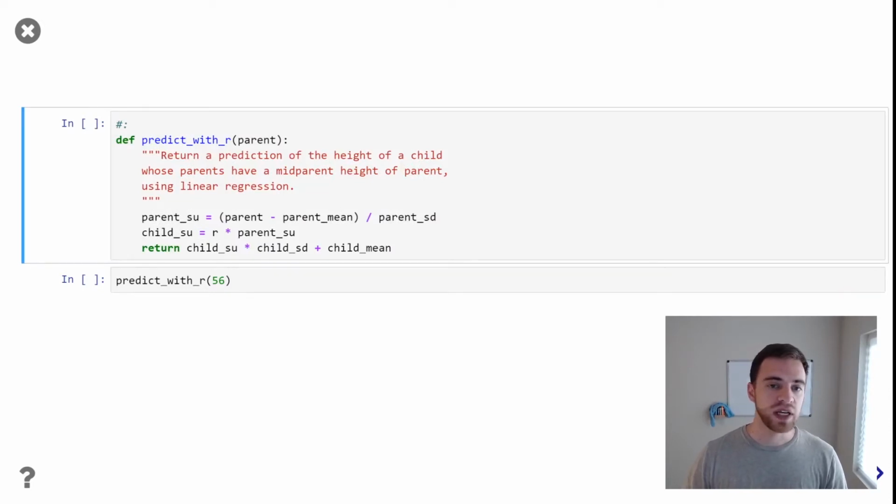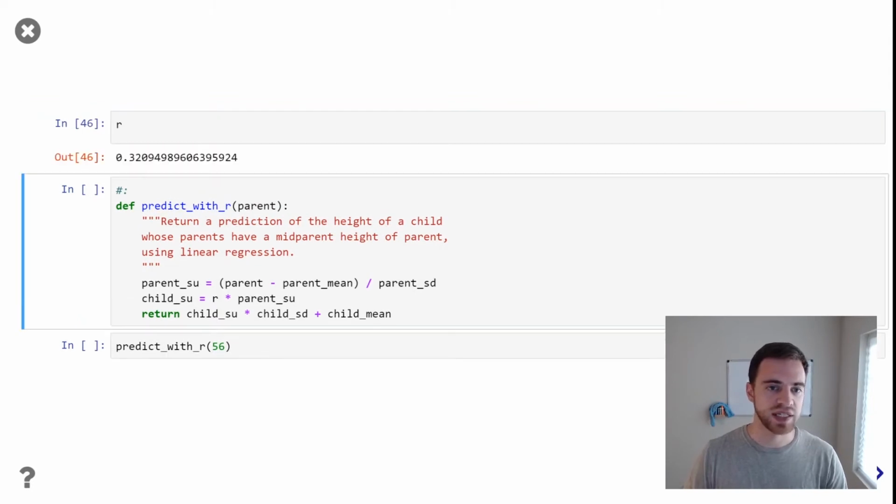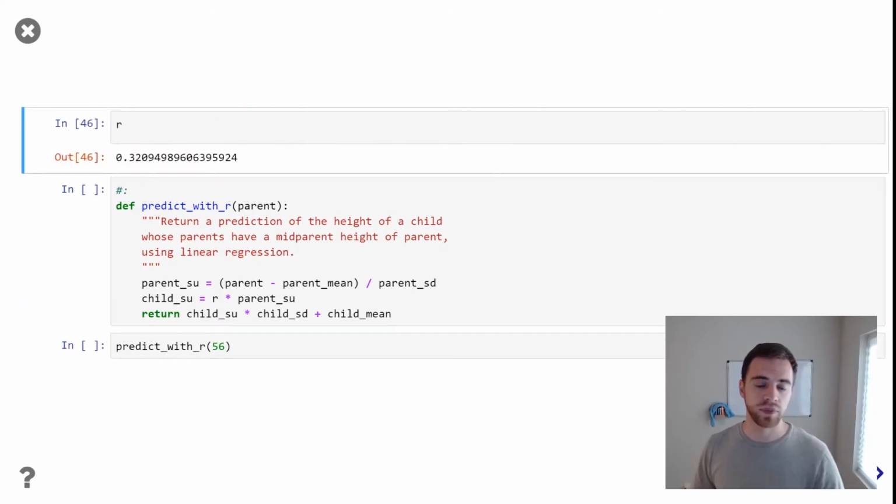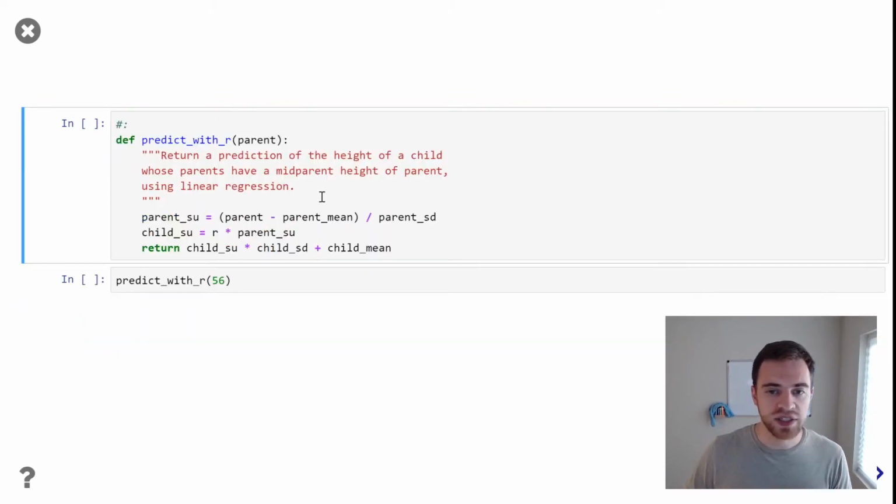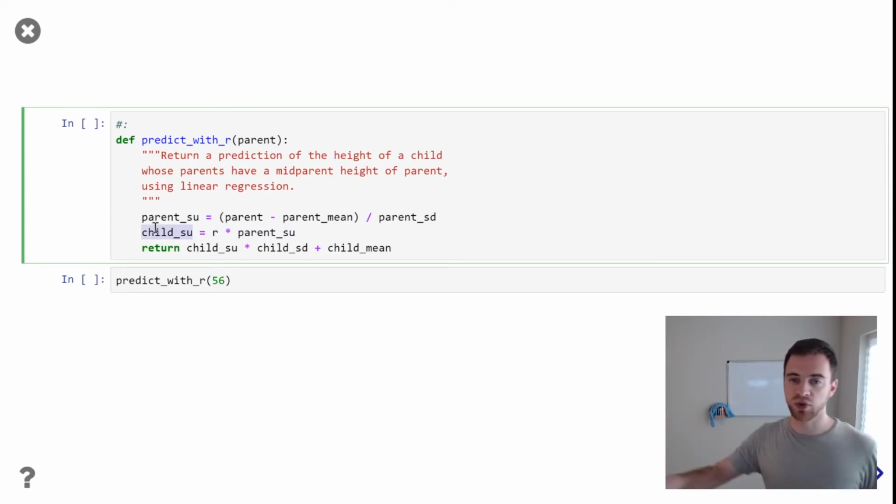I already know the correlation coefficient. I've already computed it in standard units. It's 0.32. So I'm going to take an input which is not in standard units, it's in the original units. I'll convert it to standard units, multiply by the correlation coefficient to get the predicted child height in standard units. But then I need to convert that back to normal units.